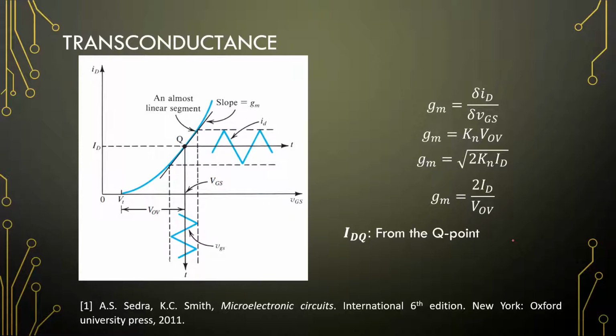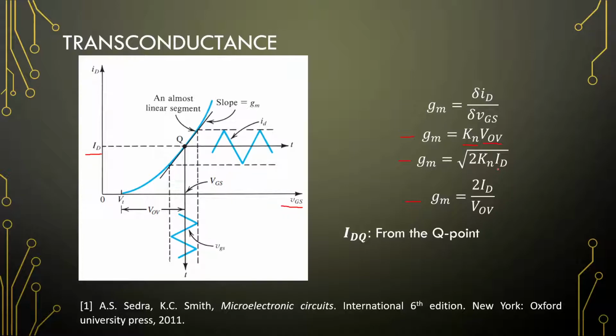Now, the transconductance. We have this region here that is almost linear, and it is the relation between our drain current and our VGS voltage. So there are three transconductance equations that you can use for the MOSFET. So first is the transistor transconductance multiplied by the overdrive voltage.